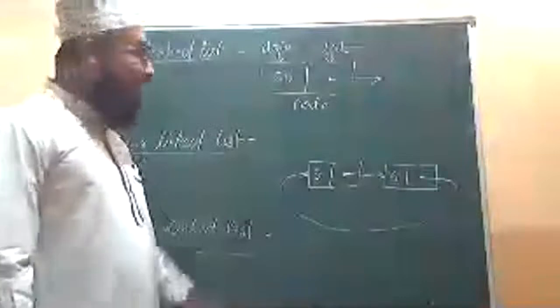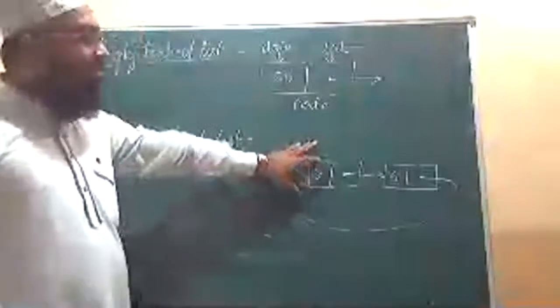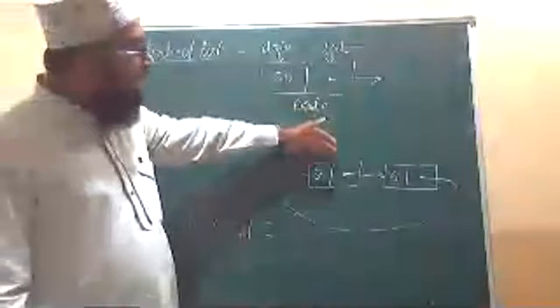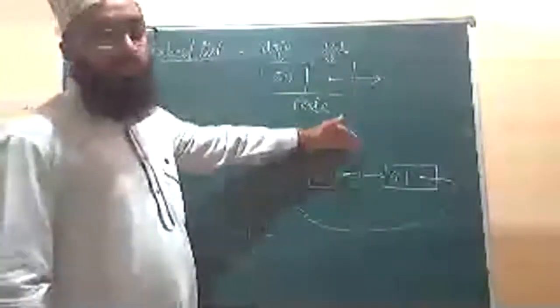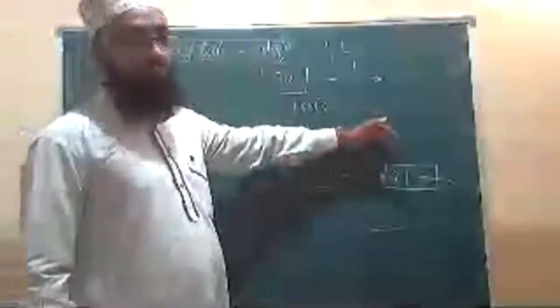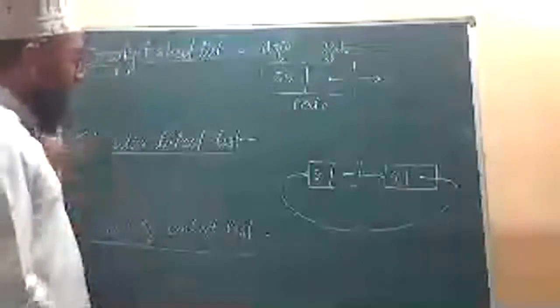So this type of linked list is called a circular linked list. Here the advantage is that we can reach any node from any node. Then the doubly linked list.